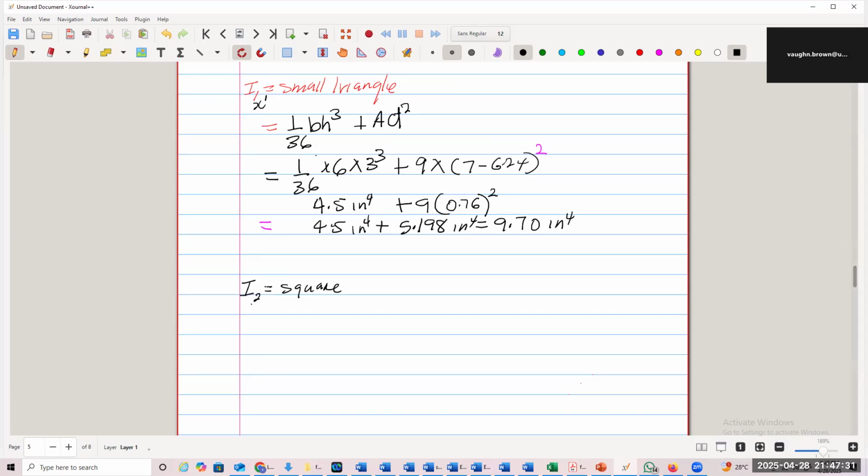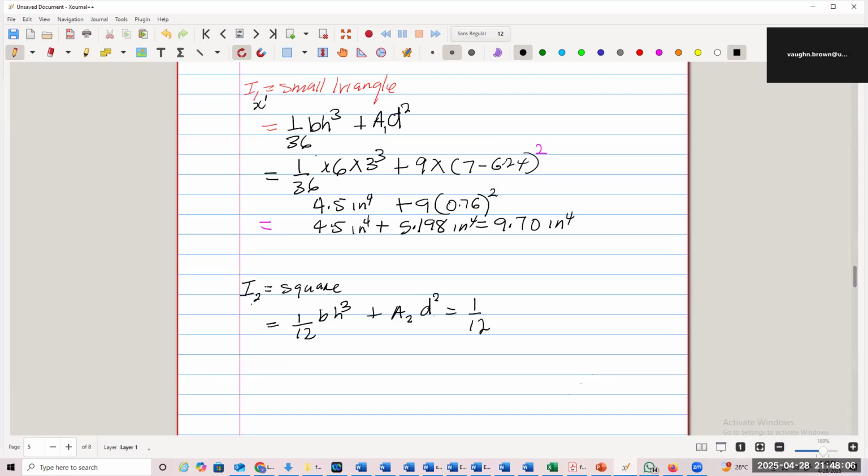The square is going to be 1 upon 12 b times h cubed, plus the same area. You could call that area 2 times d. I'm not going to put a d2, because I don't want to confuse, it's the same d, but I put A2 because it's the area 2 figure. All right, let's jump in and work out this one.